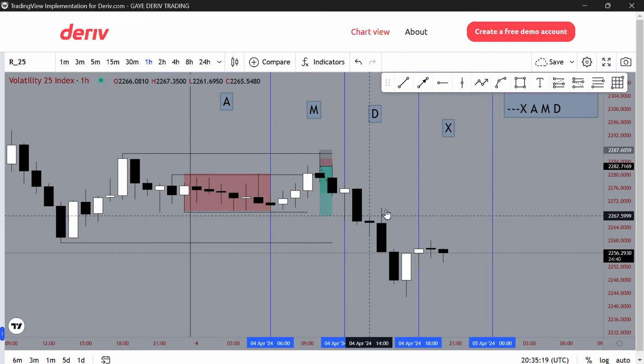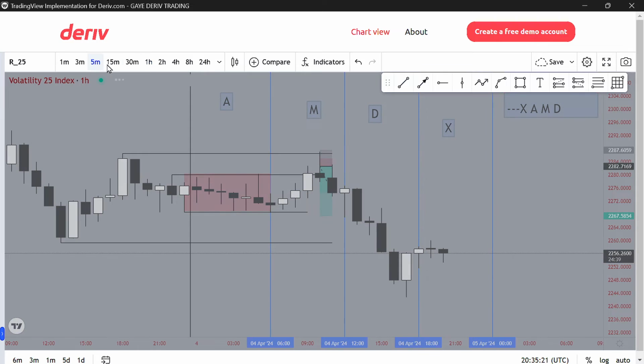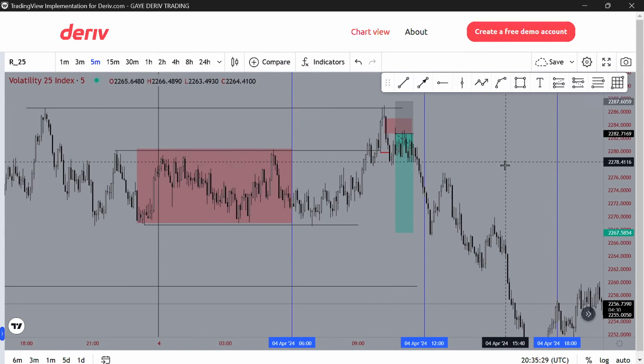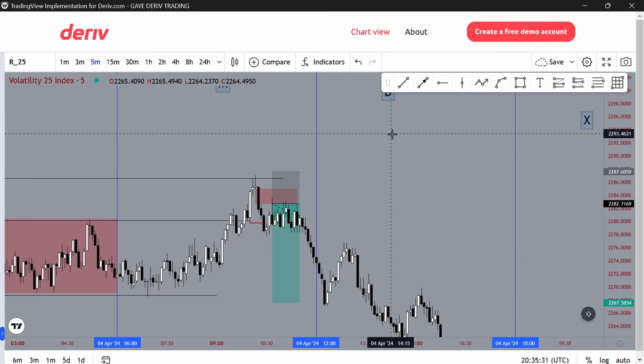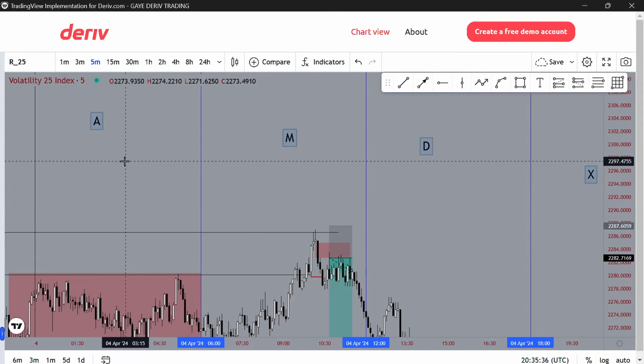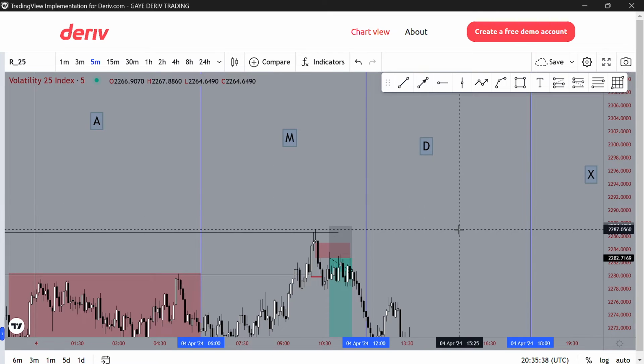Let's go back to the 5 minutes chart, and you will see a very nice entry that was given during the distribution phase. This is the 5 minutes chart, and this quarter you are seeing here is the distribution phase, Q3. This is Q1, Q2, Q3.